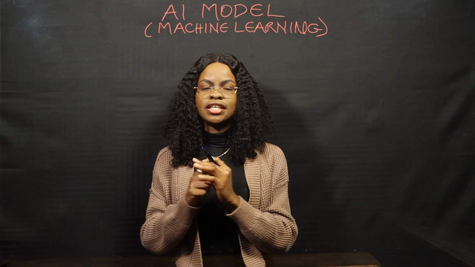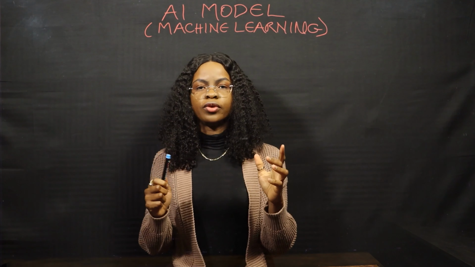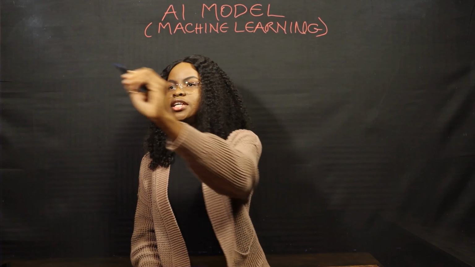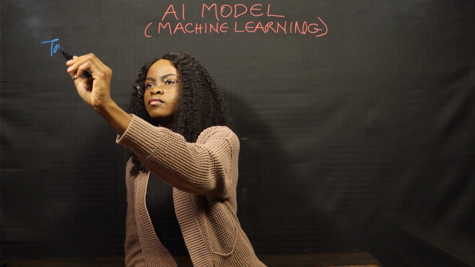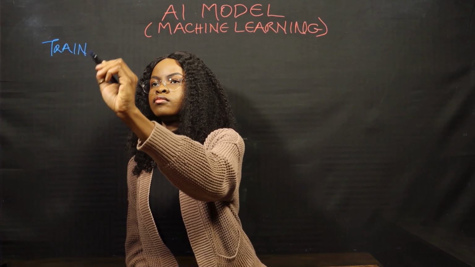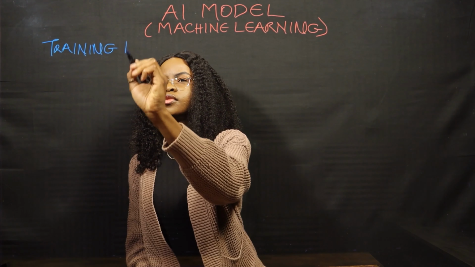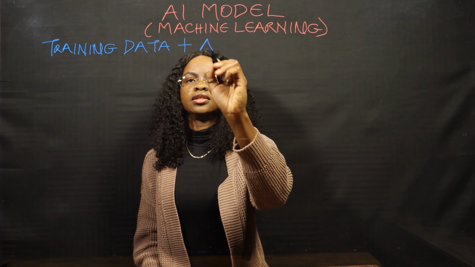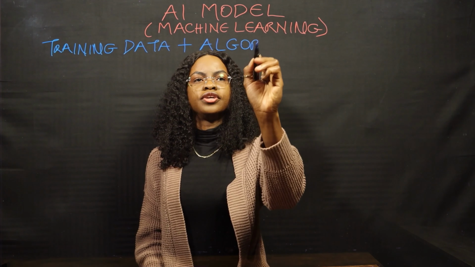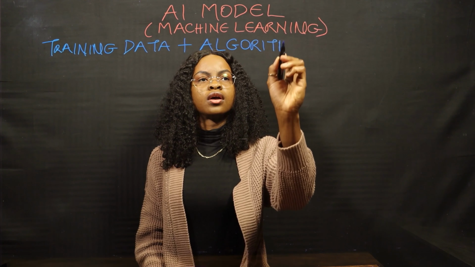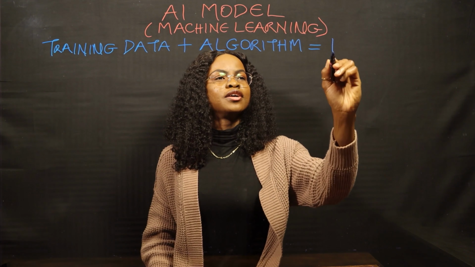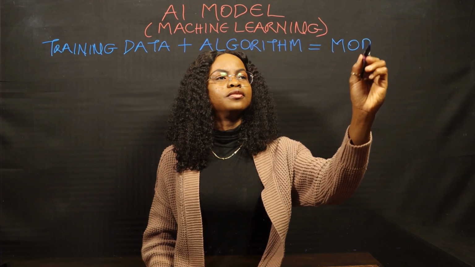There is this formula that I came up with to simplify your understanding of what an AI model is. So this is it: training data plus an algorithm equals a model.